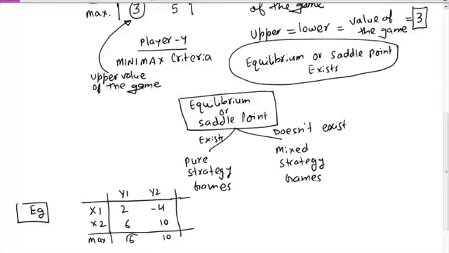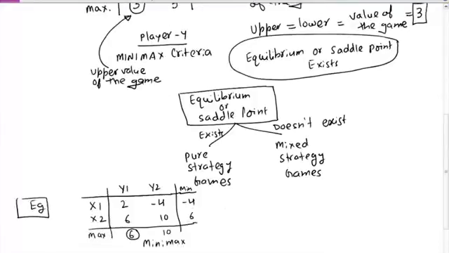So we select the minimum of the two using minimax criteria. Similarly, if you find the minimum in the rows for player X, -4 and 6, and we use the maximin criteria, the maximum of these minimum values is 6. So again, both are equal, so this is also a pure strategy game.